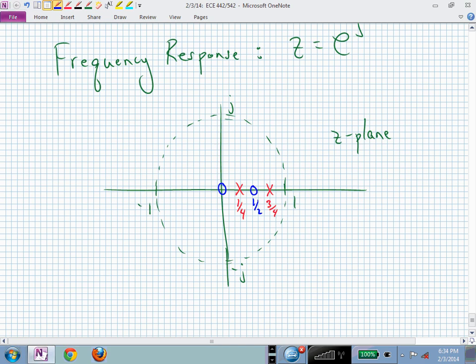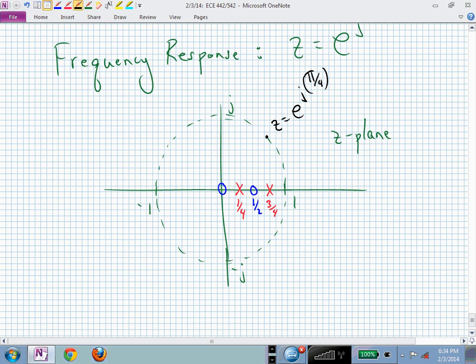So we're actually walking up until we get right there. This is now z equal to a magnitude of 1 at an angle of pi over 4, or e to the j pi over 4. And that's the point we need to evaluate our transfer function at.